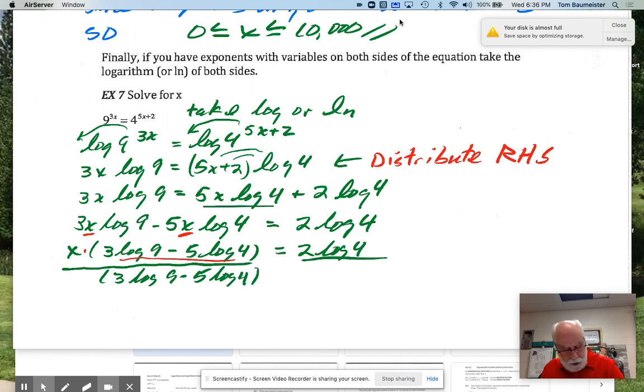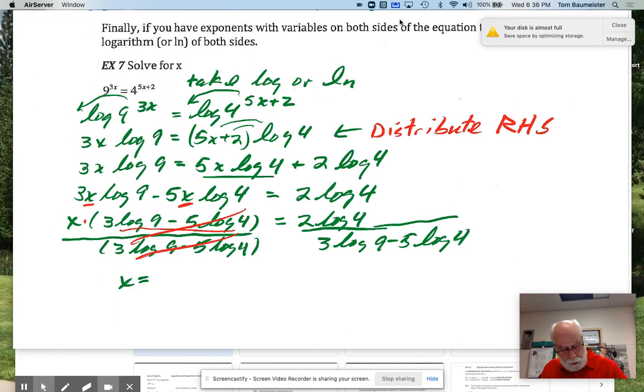I'm going to divide this side by 3 log 9 minus 5 log 4. All right. So again, these will cancel each other, so I'll just have x on that side. And let's go ahead and just write it for you one more time.